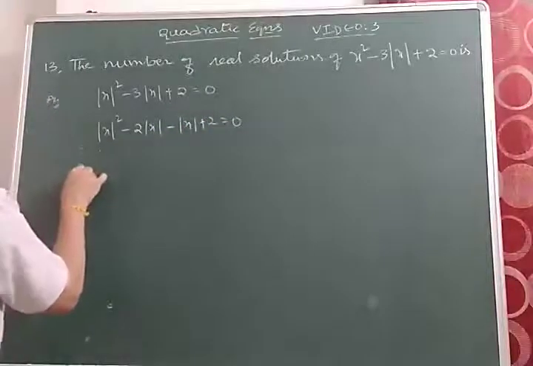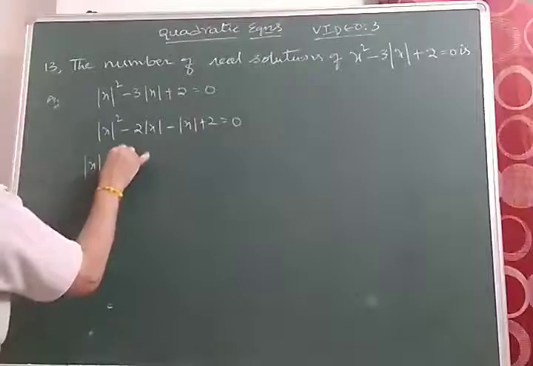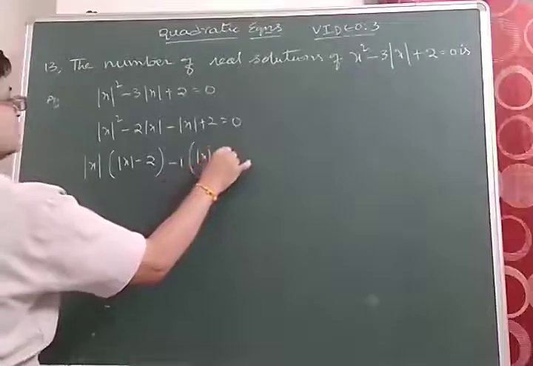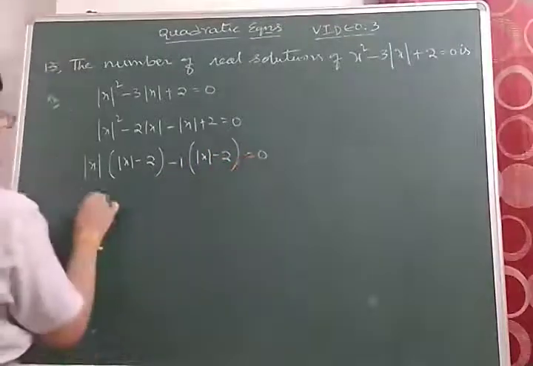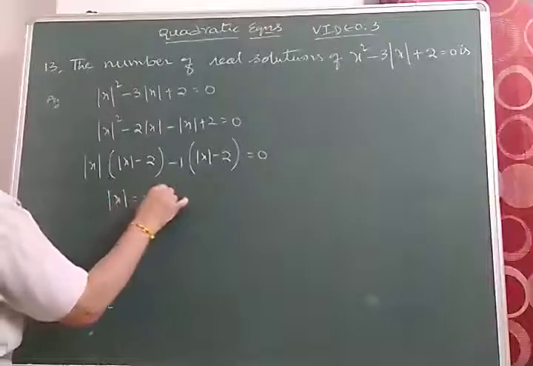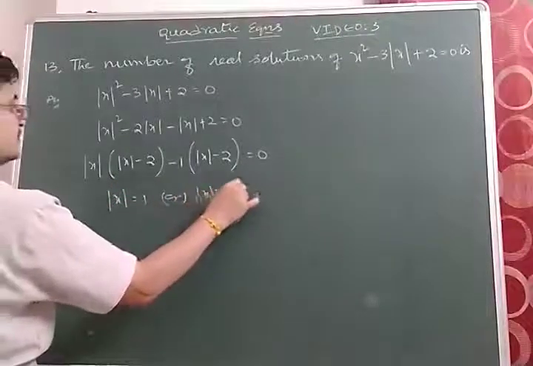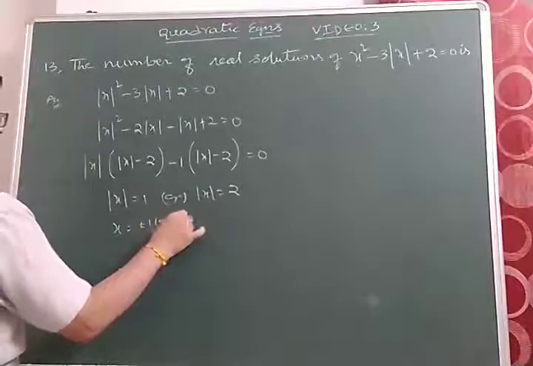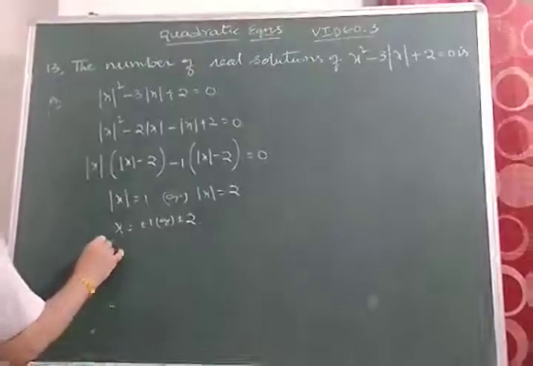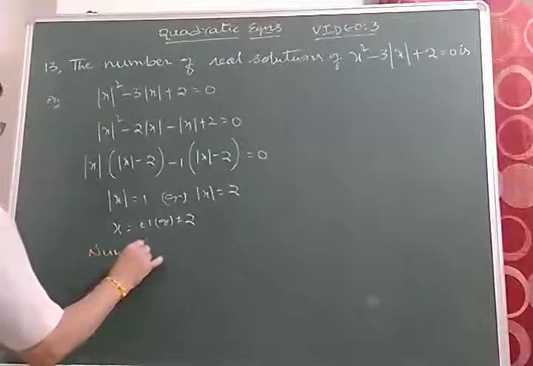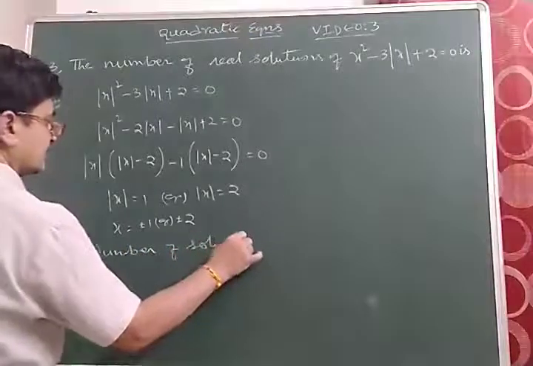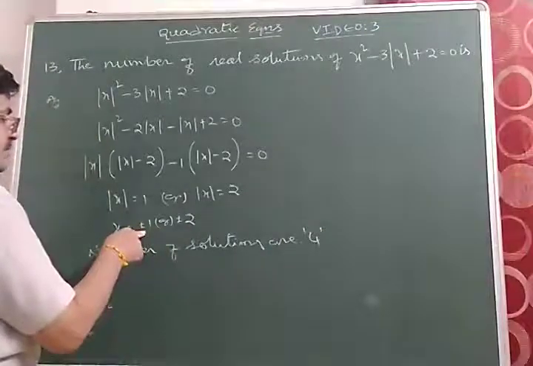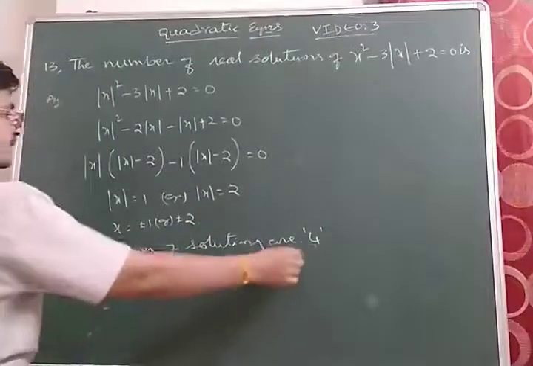Here we take mod x common: mod x minus 2, minus 1 into mod x minus 2 is equal to 0. So therefore mod x is equal to 1 or mod x is equal to 2 are the roots. That means x is equal to plus or minus 1 or plus or minus 2. So the total number of solutions is 4.